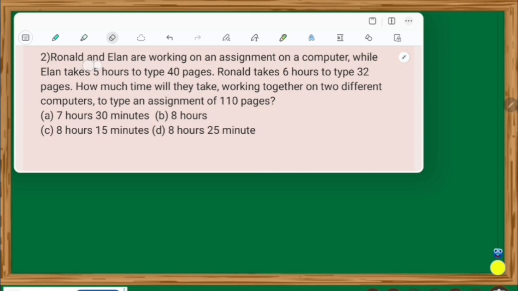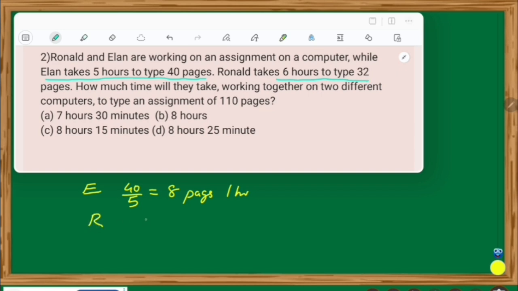Here, Ronald and Ellen are working on an assignment on a computer. At first we have to calculate their working rate. Ellen takes 5 hours to type 40 pages. Therefore, in 1 hour Ellen works 40/5, 8 pages. That is the working rate of Ellen. Ronald takes 6 hours to type 32 pages.